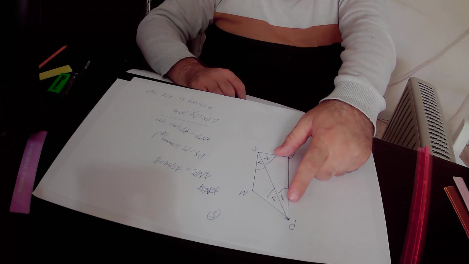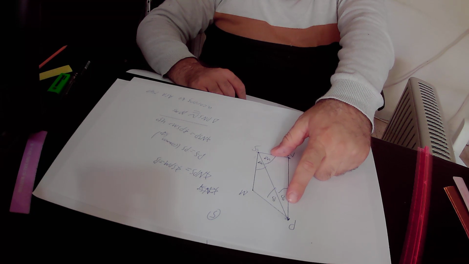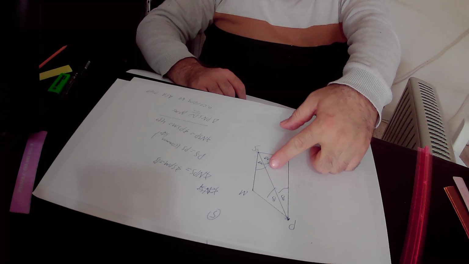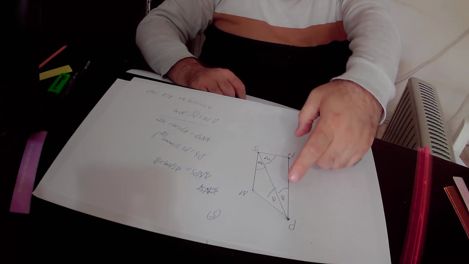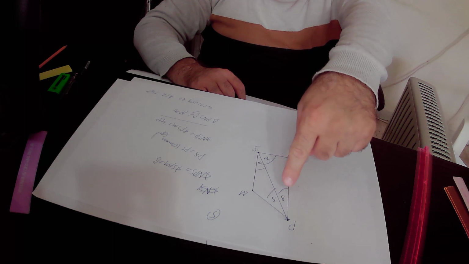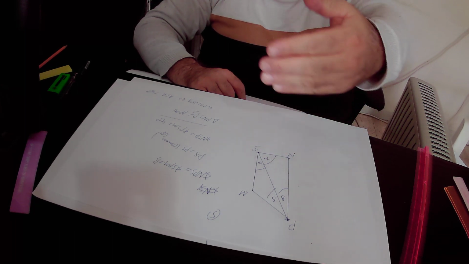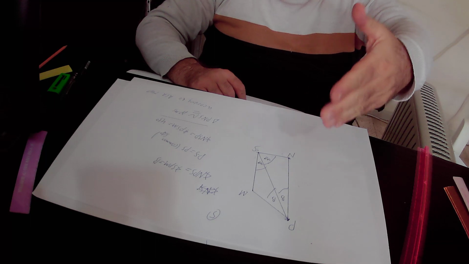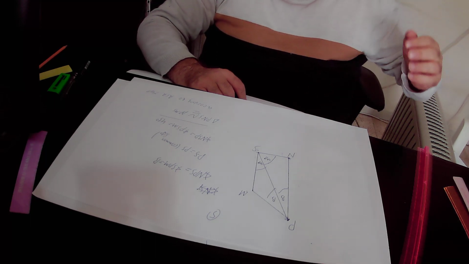And again, we proved that those two angles and the side between them, that is to say PS, in triangle PNS, are equal to those two angles and the side between them, that is to say PS, in triangle PMS. Therefore, we proved that those two triangles are congruent according to the angle side angle rule.